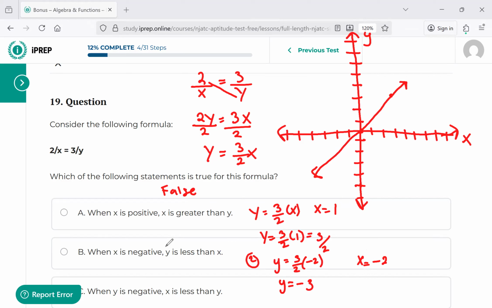When x is negative, y is less than x. Here we chose x equals -2. When we plug that in, our y value is -3. So it's true. When x is negative, y is less than x. When we plug in -2, it spits out -3. So it's definitely B.